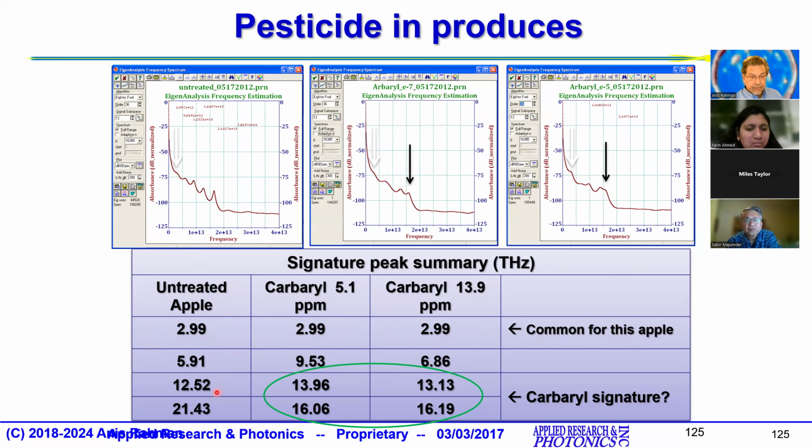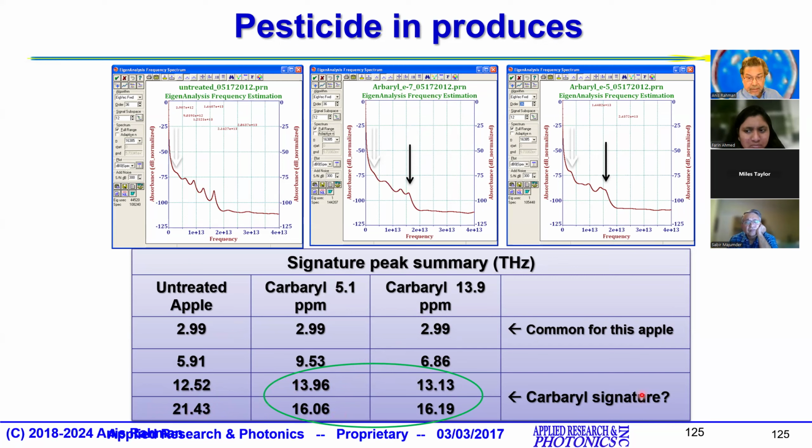But these 2 peaks, pure apple had 12.52 terahertz and 21.43 terahertz. When you add carbaryl, instead of 12.52, it turns to 13.96. And instead of 21.43, it goes down to 16.06.